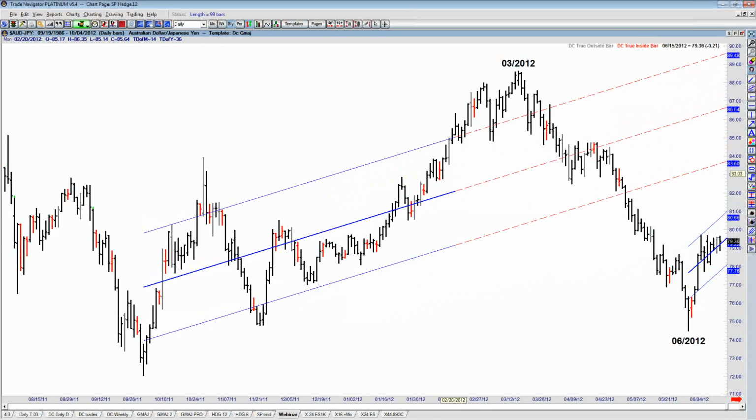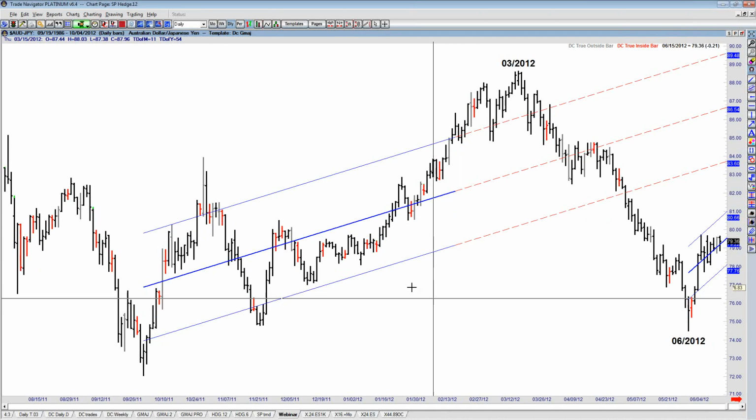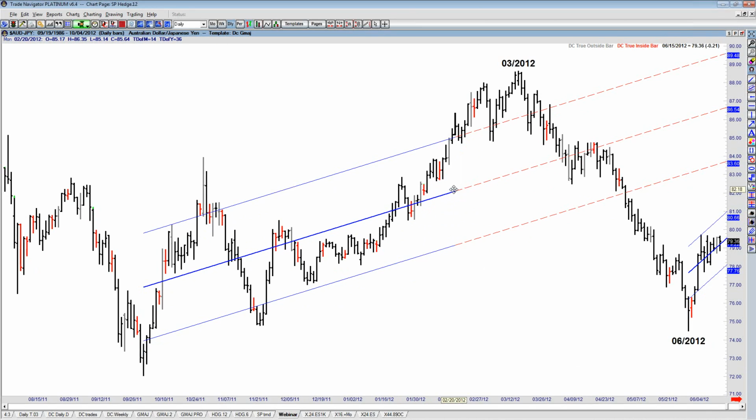Now we've got our contact back with our first reaction out of the low, and we've now got contact with the rest of the chart up here. So now this has become a valid Danielcode trading channel.